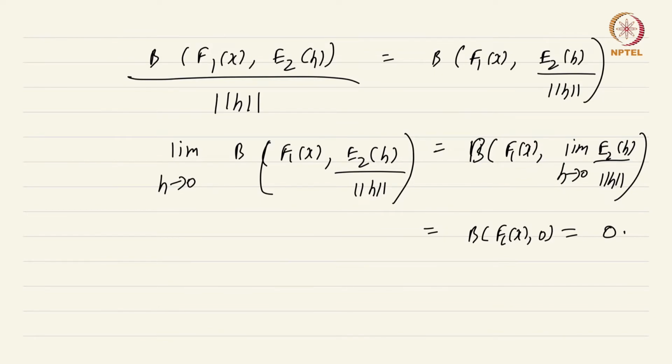Okay. In a similar way, you can show that the other term also goes to 0. So we are done. We have shown that whatever remains, the error term, is nothing but a sublinear function. Therefore we are done.